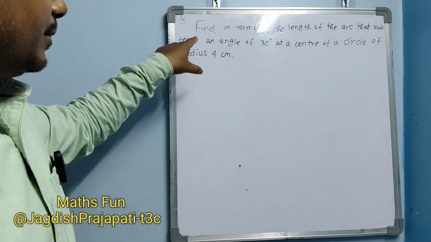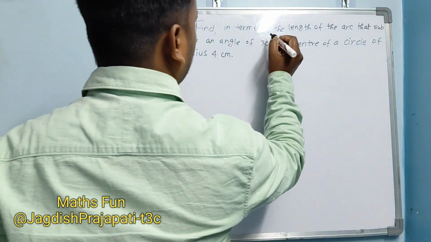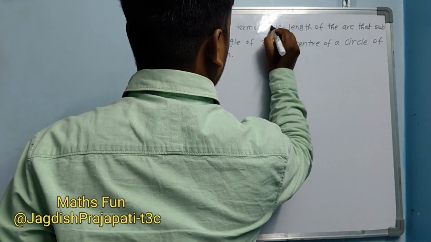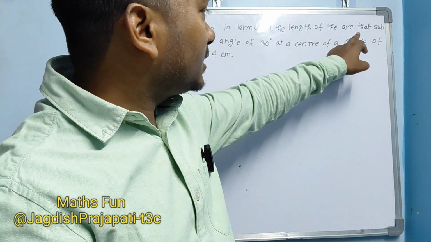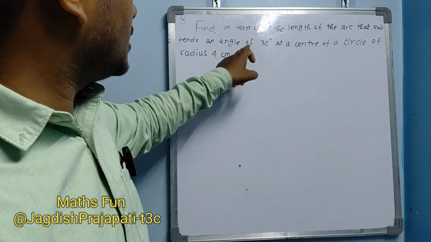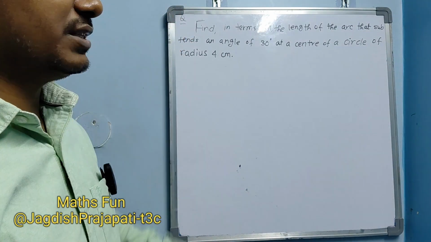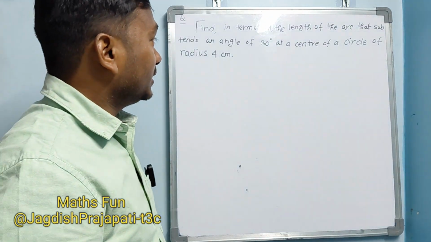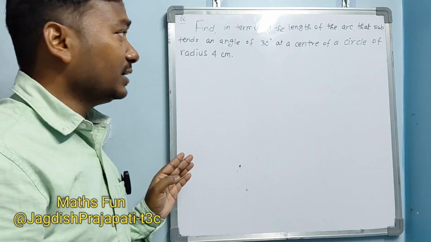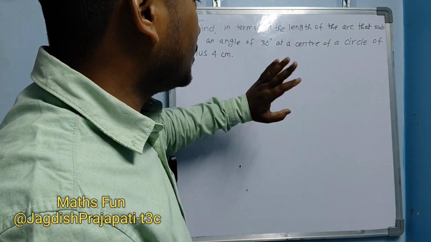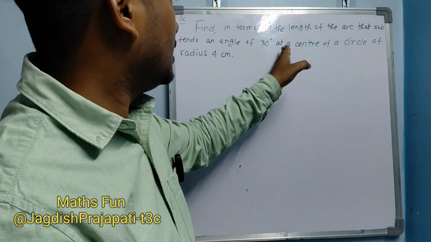So now see this problem. Find in terms of pi the length of the arc that subtends an angle of 30 degrees at the center of a circle of radius 4 centimeters. So now here complete information is given. This is very easy to do. Okay, we have to find out the arc length of the arc that subtends the angle of 30 degrees.